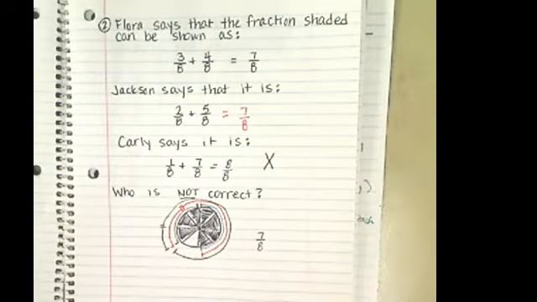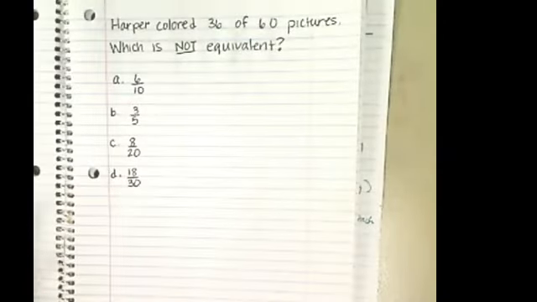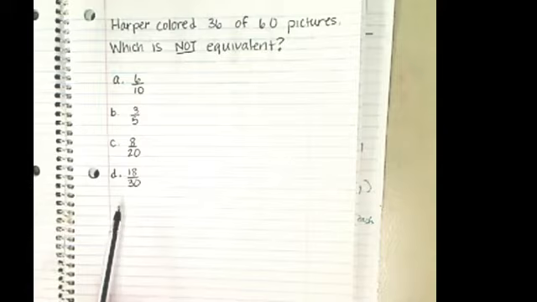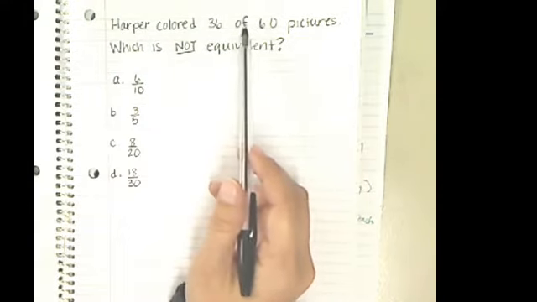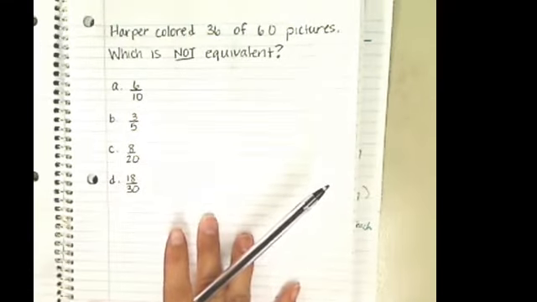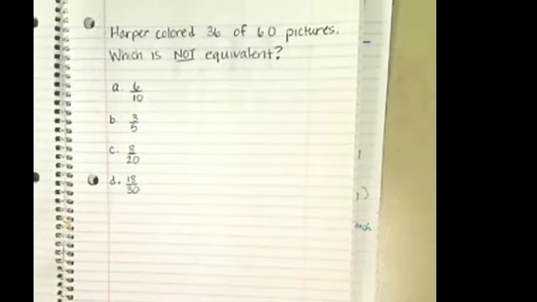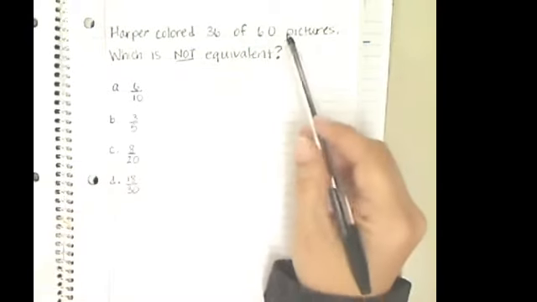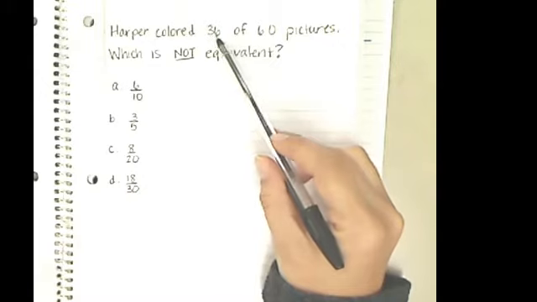Harper colored 36 of 60 pictures. Which of these fractions is not equivalent to the fraction of pictures that Harper colored? So if she colored 36 out of 60 pictures, how do I rewrite that as a fraction? 36 of 60? Well, there's a total of 60 pictures, and she colored 36 of them.